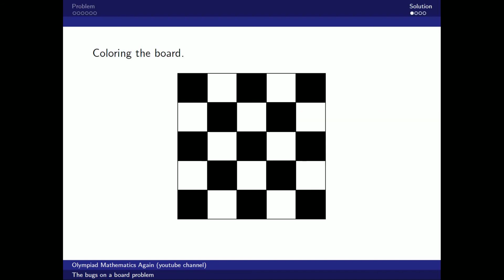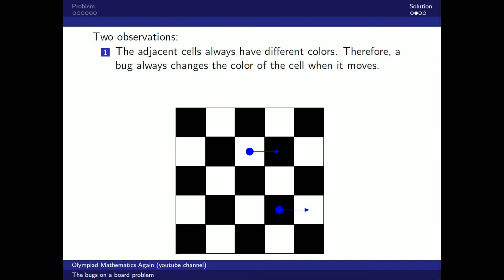So the main step in the solution is to color the board. We color the board in 2 colors, black and white, exactly as is shown on the picture, and this is basically the standard chessboard coloring. So what are we going to do now? Let's make 2 observations.